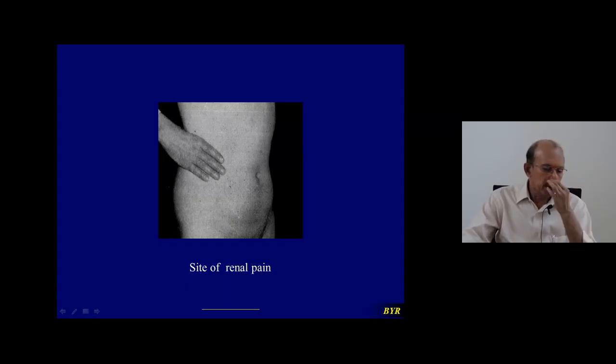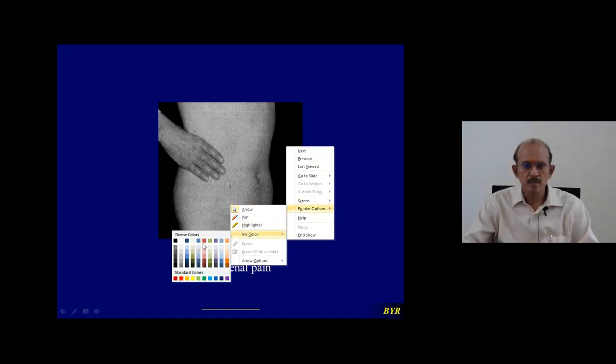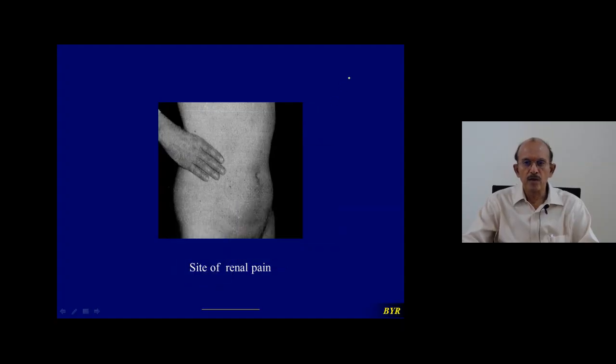If you look at the back, the spinal column will be in the middle. So you will see the spinous process. And you will notice erector spinae muscles on either side.